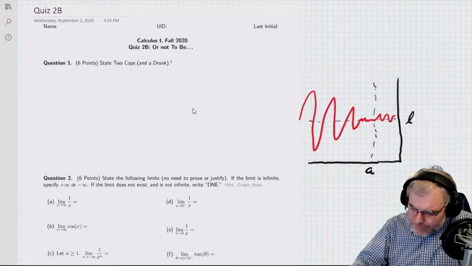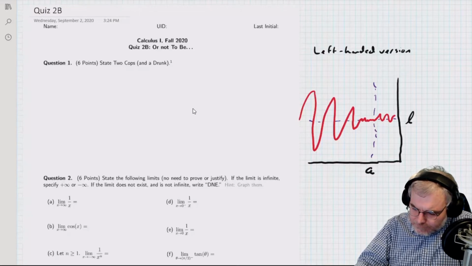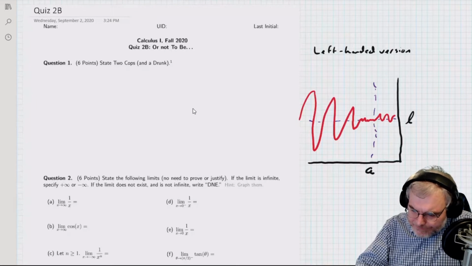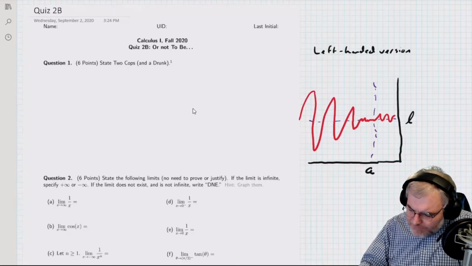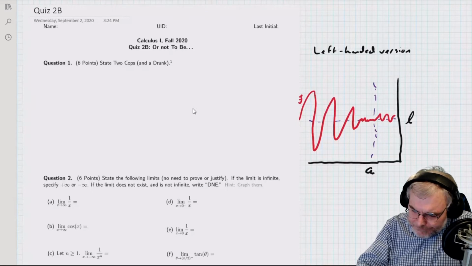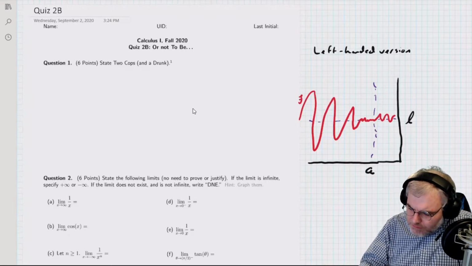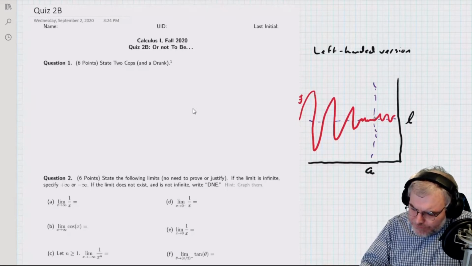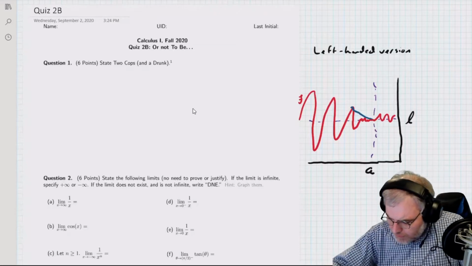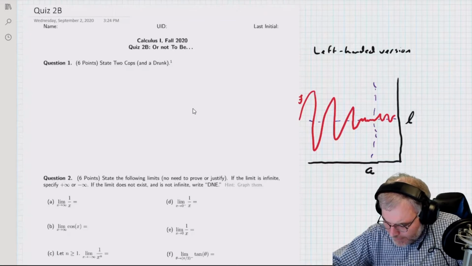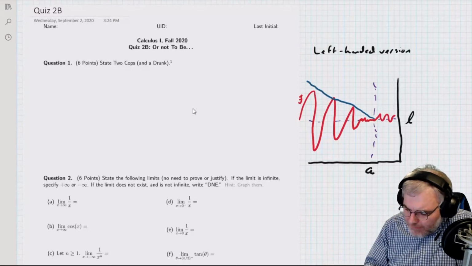I'll do the left-handed version here. So I've got this f, and I have these two functions surrounding it: a top function, or a function that's above, and some kind of bottom function.